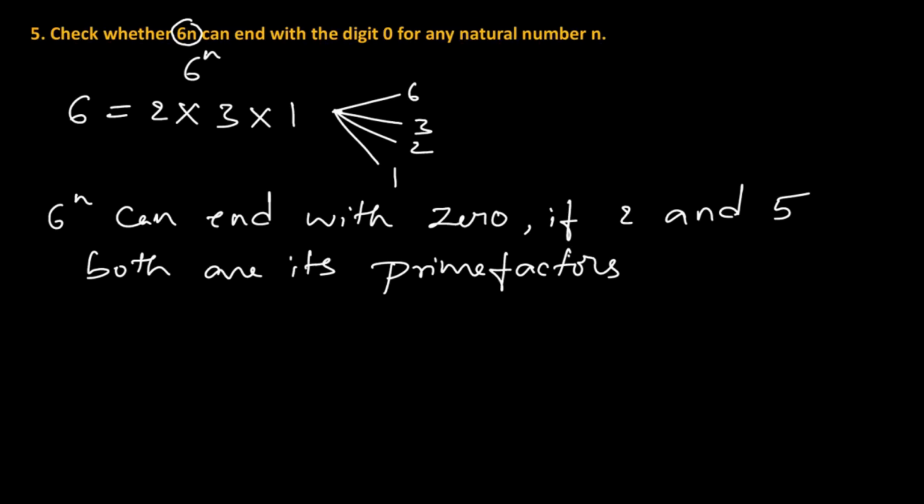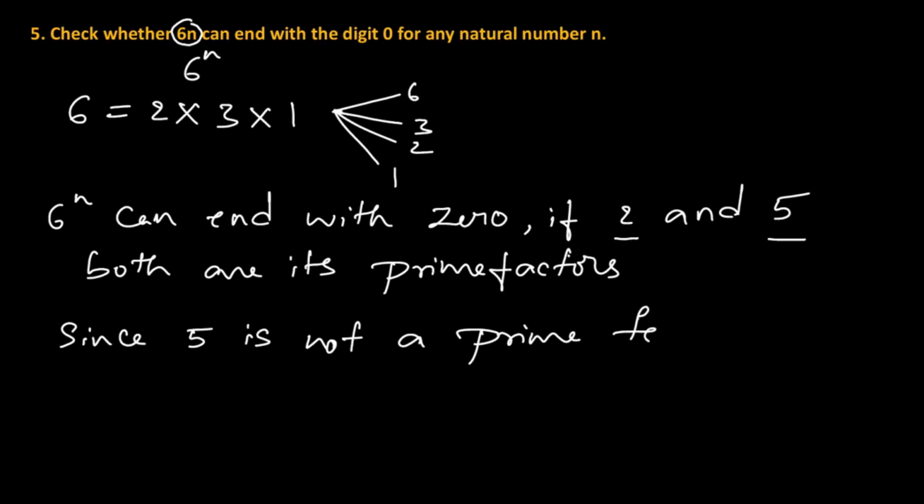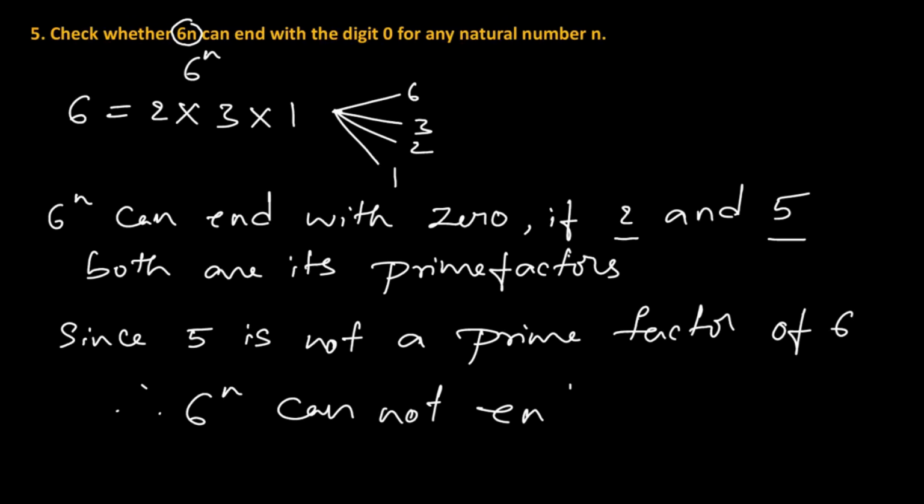Yes, we do have the prime factor 2, but we don't have 5. So since 5 is not a prime factor of 6, therefore 6 power n cannot end with 0.